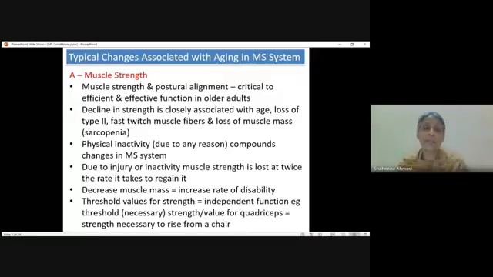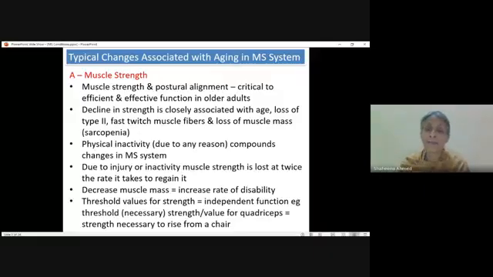Now, with age, there are changes in muscle fibers. There are two types of muscle fibers, type 1 and type 2. Type 1 are the slow twitch muscle fibers, and type 2 are the fast twitch muscle fibers, which are needed for powerful abrupt movements. With age, there is a loss of type 2 fibers, and there is also loss of muscle mass. Loss of muscle mass in medical terminology is also known as sarcopenia.